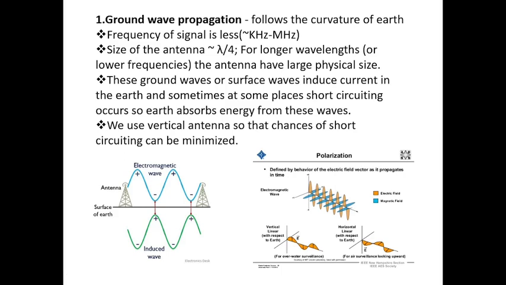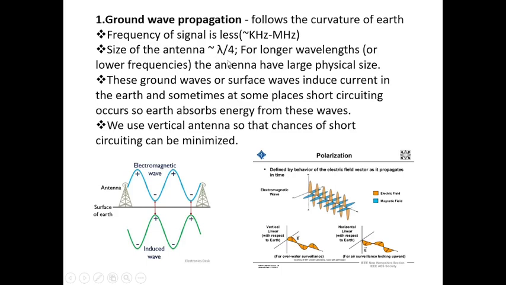And here these antennas are located on the earth surface or near to the earth surface. Maybe we have vertical towers on which we can have antennas. But whatever may be, the size of the antenna is large depending on the frequency, given by lambda by 4.